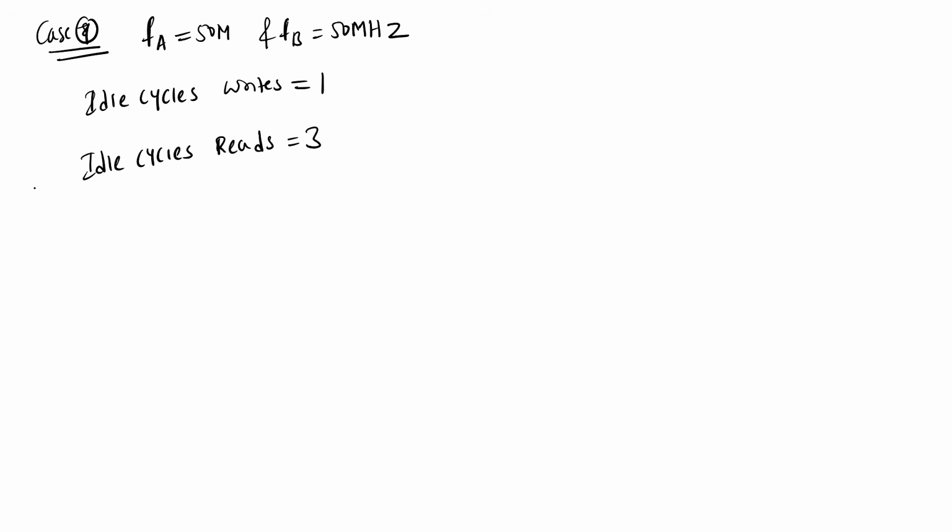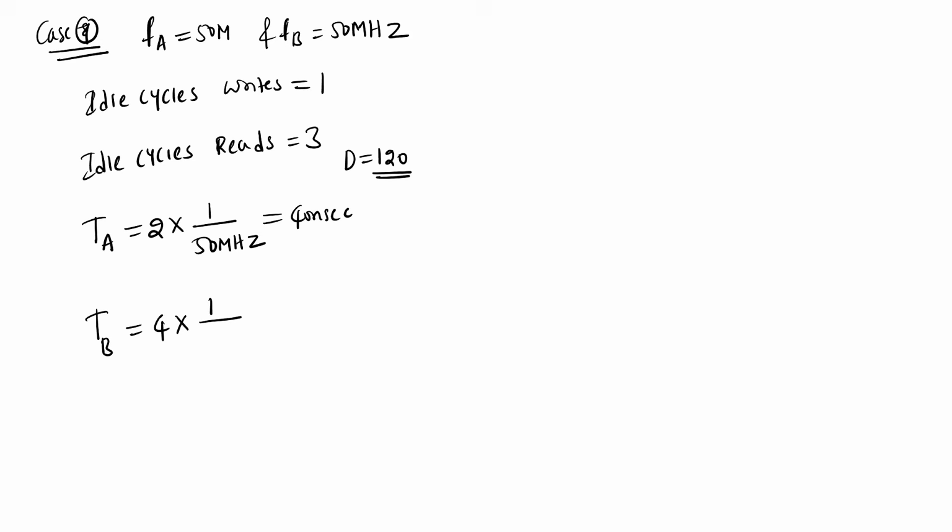Now you require this before the depth calculation. TA equal to how much? 2 into 1 by 50 megahertz, so you are getting 40 nanoseconds. And TB is required: 4 into 1 by 50 megahertz, which is 80 nanoseconds.